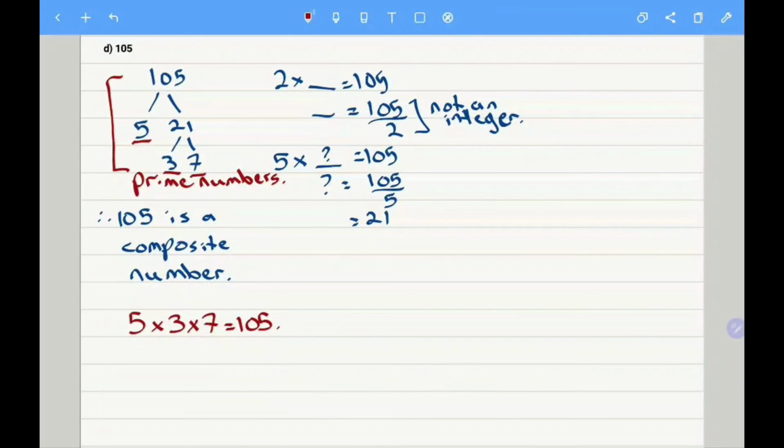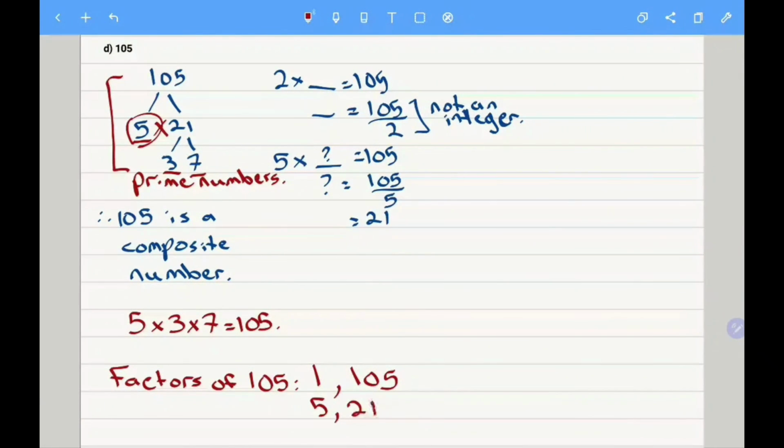But after you do that, you need to go back and think, okay, we know that a composite number has factors 1 and itself, but it also has more factors. So the factors of 105: 1 and 105, but then we also have 5 here. Now 5 times 21 equals 105, so the next pair will be 5 and 21.